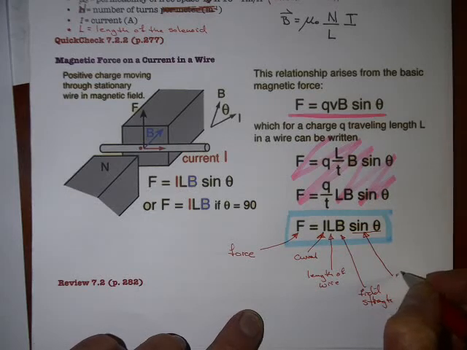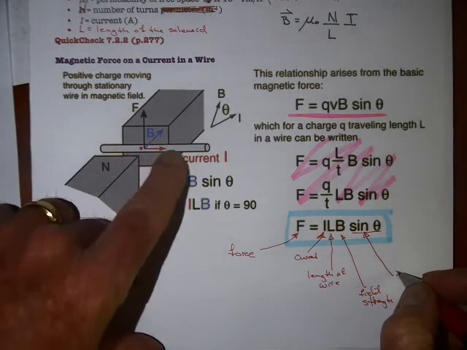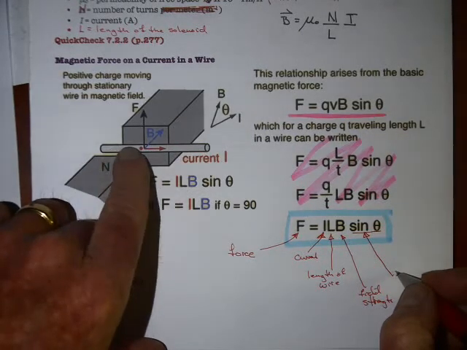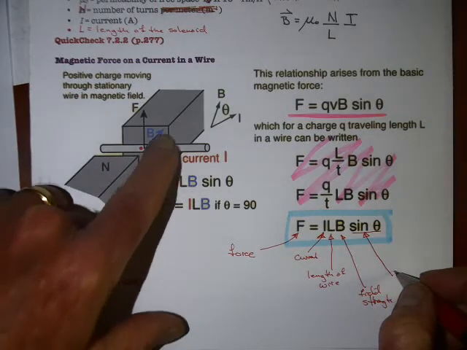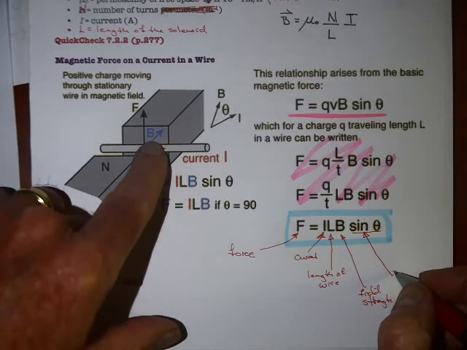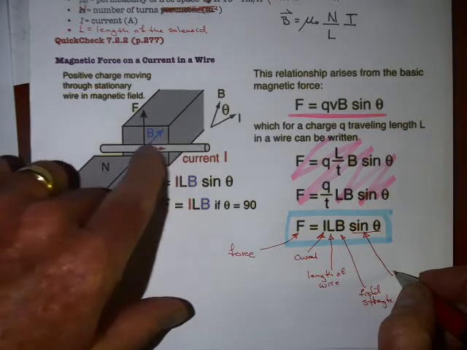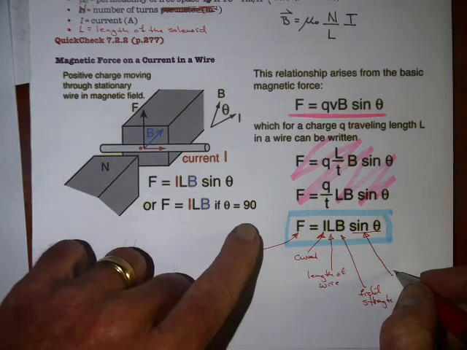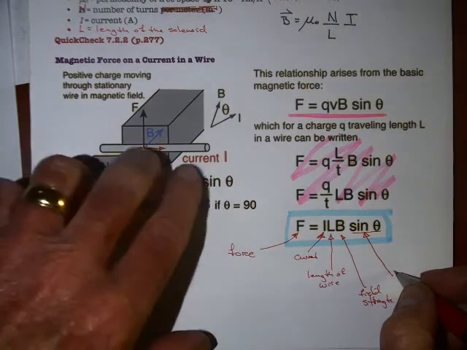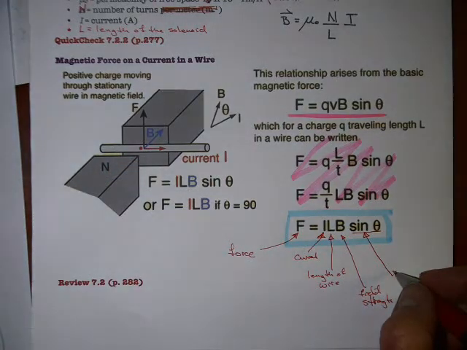In this situation here, the wire is perpendicular, or 90 degrees, to the magnetic field. But what if it was going at an angle? Then everything changes. That's going to have an effect on the direction of the force.